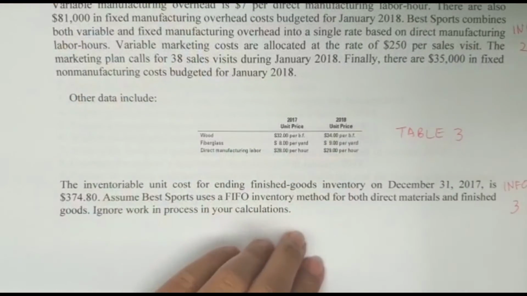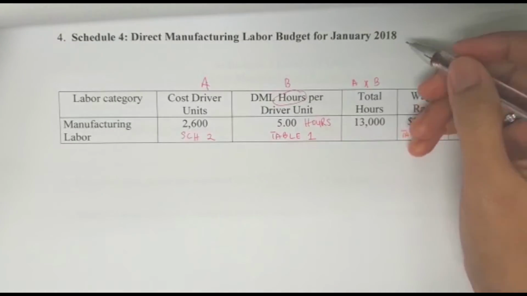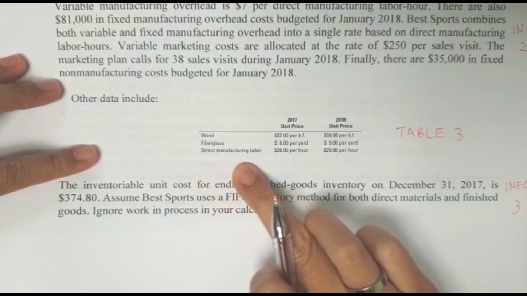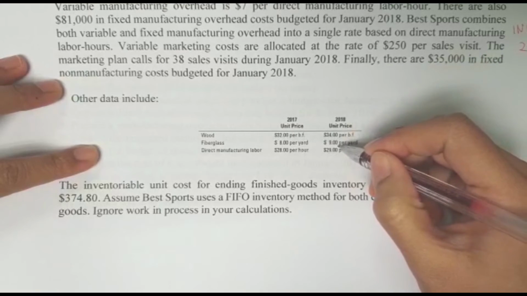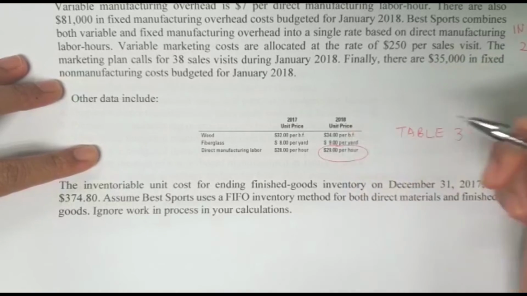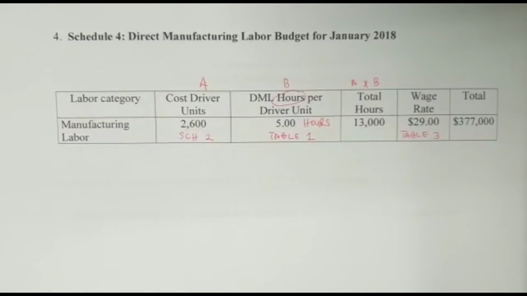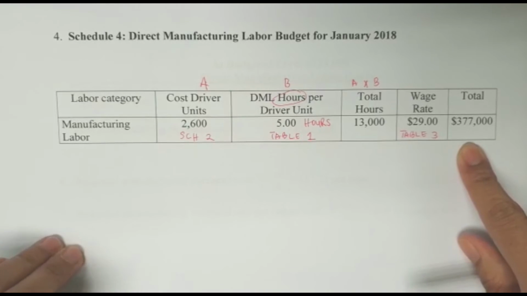We have to remember this is the budget for 2018, so we look at direct manufacturing labor for the year 2018. That is 29 ringgit per hour. So 13,000 times 29, we get 377,000.